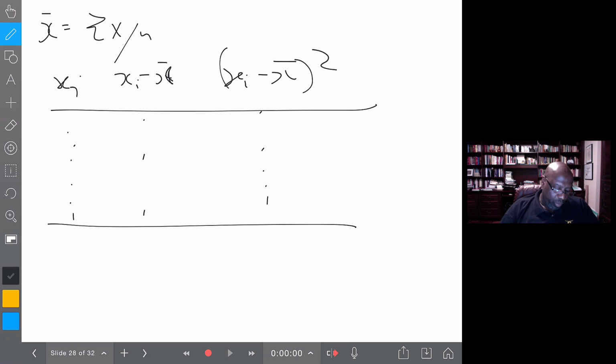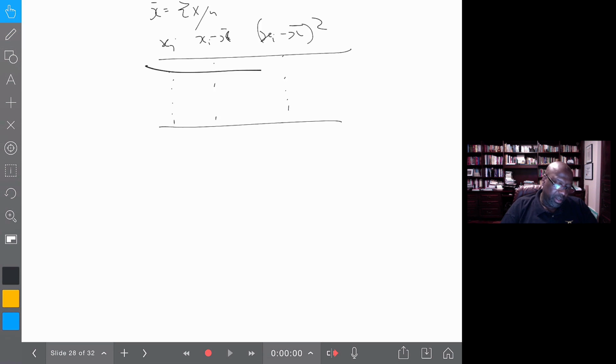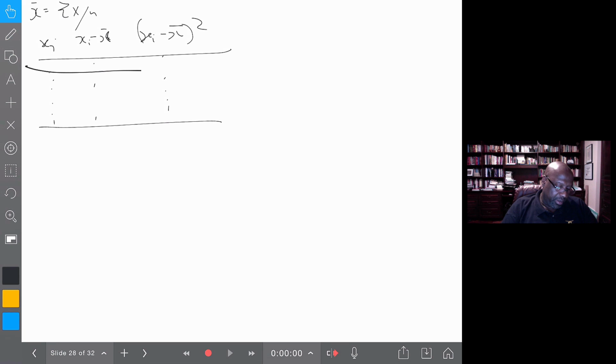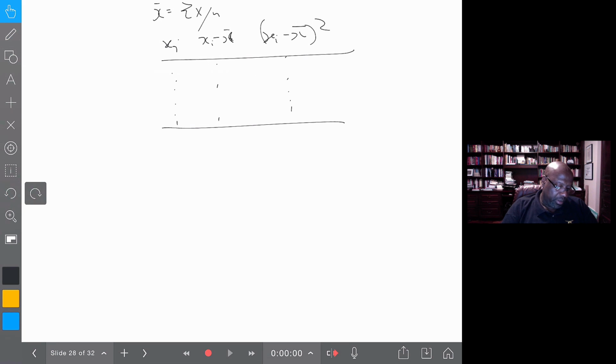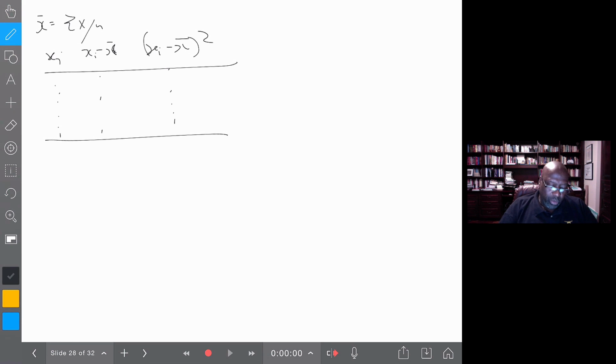Here's what we calculate. We will actually calculate only 2 columns. That's what we need. It turns out for us that all we will need in this case would be the x values and the x squared values.